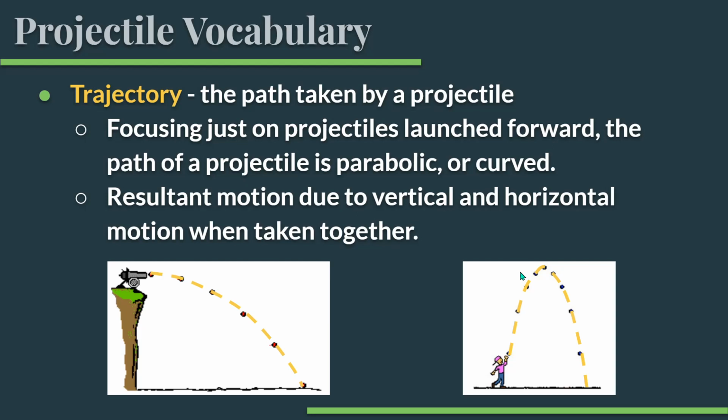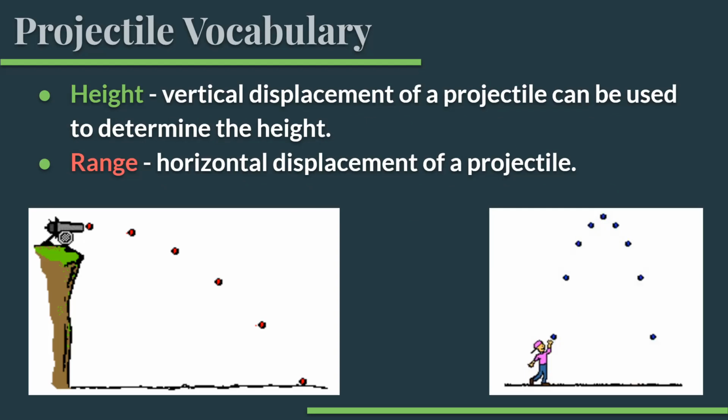So again, I highlighted the pathway there. When we talk about projectiles, you'll also hear me talk about terms like height and range. Of course, range was the title of the lab yesterday. Range is the horizontal displacement of your projectile, how far away it lands from where you launched it. Height would be the vertical displacement of your projectile. In the case of something launched horizontally, the height is literally just its displacement, how far it fell from where it was launched.